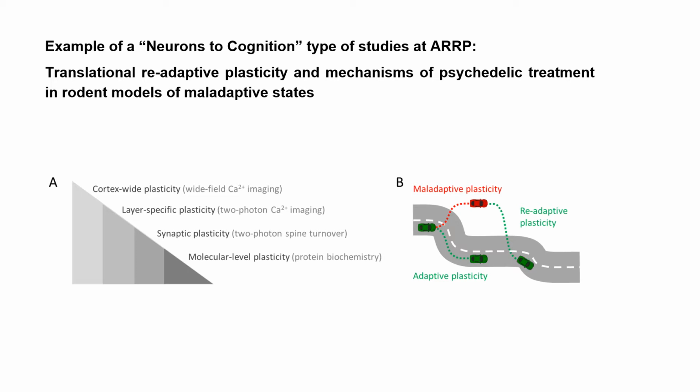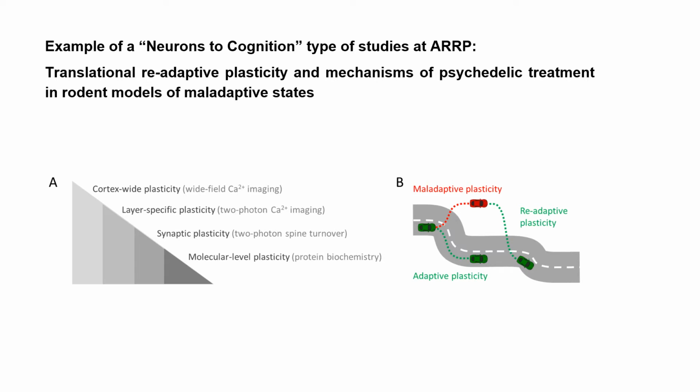Our approach in this project is to study plasticity at several different levels at the same time. So we're actually talking about the interconnected plastic changes like feedback loops that go between the cortical level, the layer-specific, cell-specific, synapse-specific, and molecular level of plastic changes.